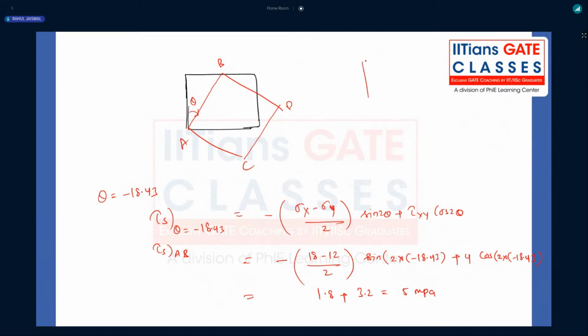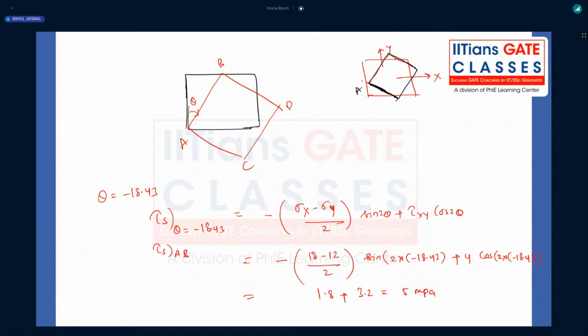Initially, my coordinate system was like this. X and Y was something like this. Now, if I rotate my plane something like this, understand very carefully. This is very, very important. Now, on a particular plane, this is my maximum in-plane shear plane, right?